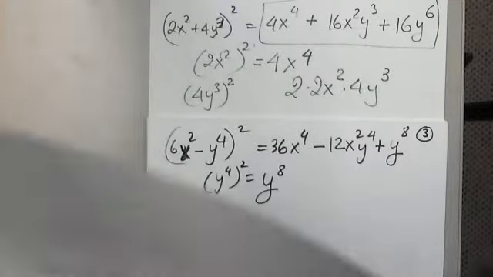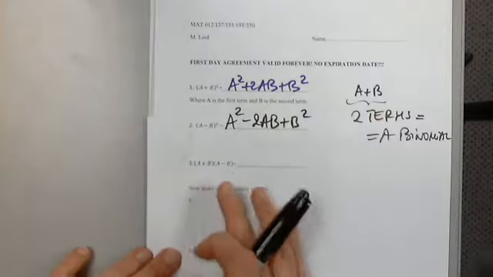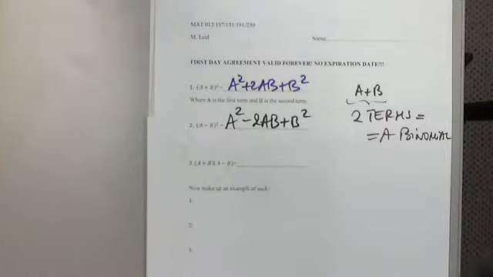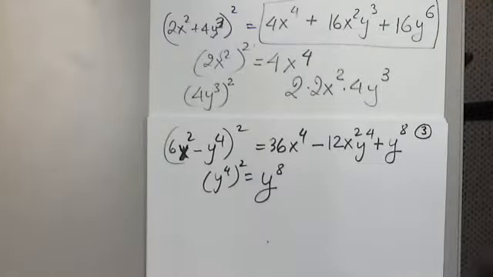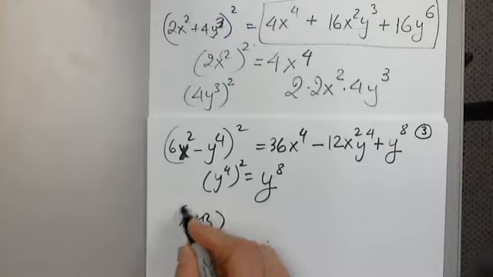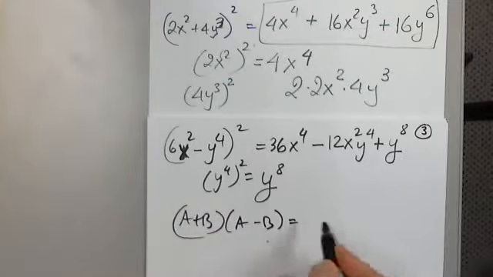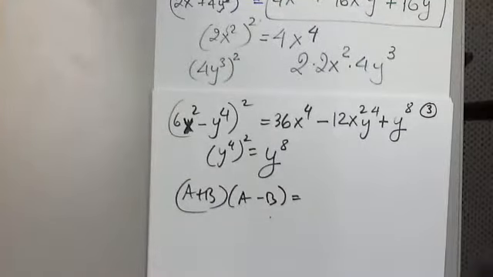Okay. So now let's look at the last one here. We have a plus b times a minus b. Let's FOIL it one last time. So a plus b times a minus b, and see what this is. So what can you do here? Yes, a squared.